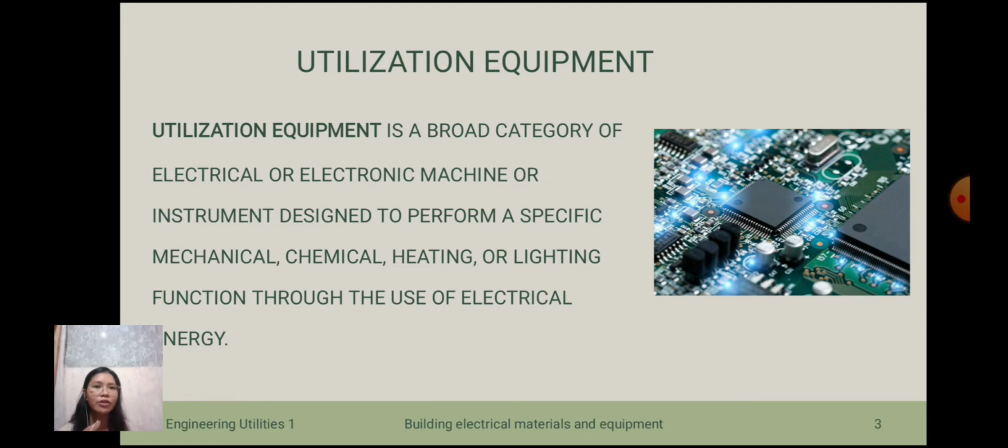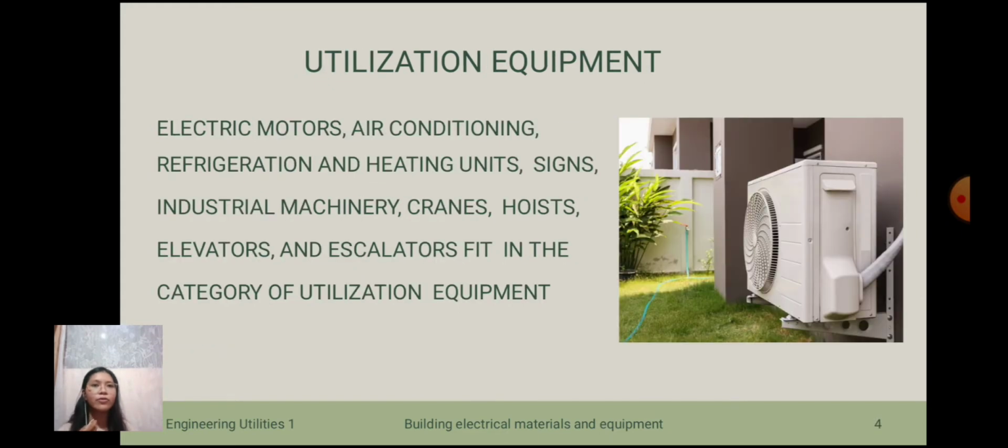And the lighting function. So, electric motors, air conditioning, refrigeration, and heating units, signs, industrial machinery, cranes, hoists, elevators, and escalators fit in the category of utilization equipment. So these are some of the examples of the utilization equipment.